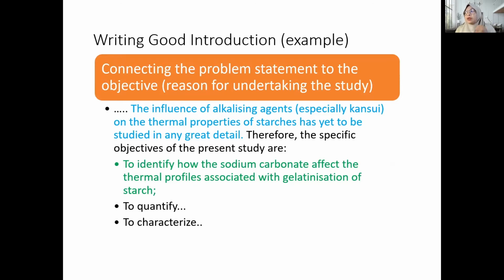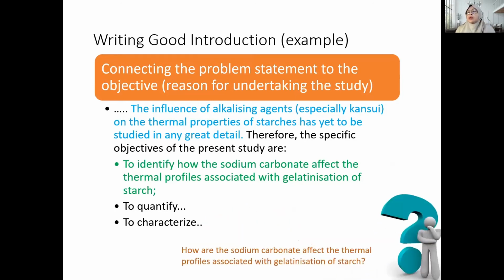Therefore, the specific objective of the present study is to identify how sodium carbonate affects the thermal profile associated with gelatinization of the starch. So this is to relate your objective with the issues or with the gap. So how does sodium carbonate affect the thermal properties associated with gelatinization of the starch? This is the question.